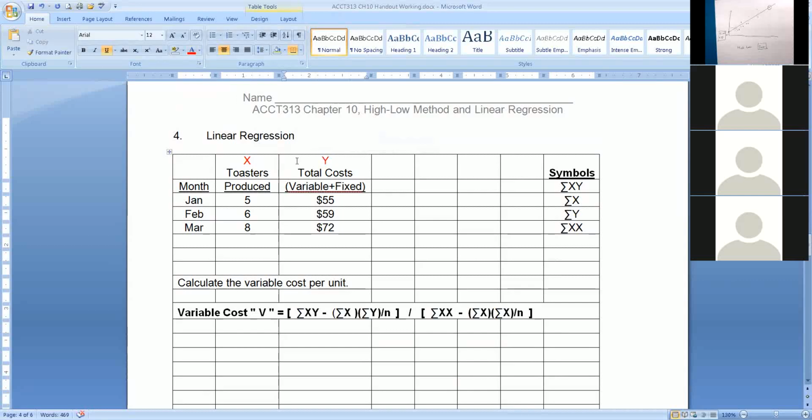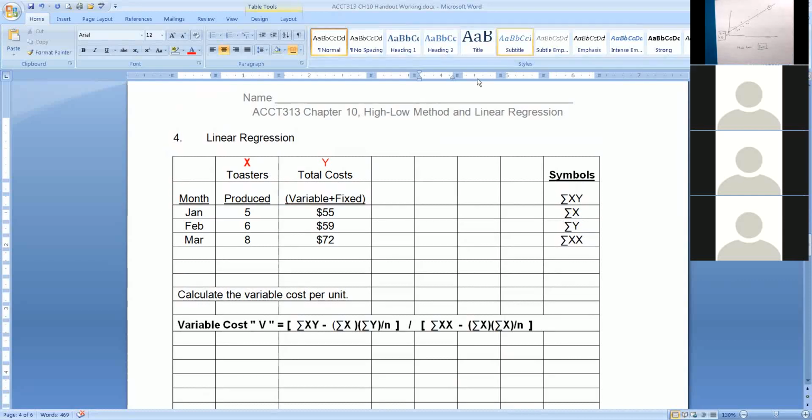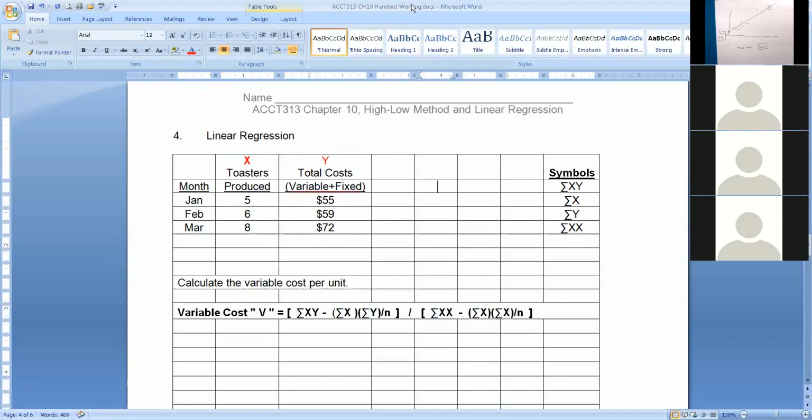The total costs are always the y's because this is what we're trying to explain. We're trying to explain the total cost. If you've had statistics before, one of the problems is figuring out what you're actually trying to explain. For us, it's kind of nice in that it's always the same. It's going to be just the total cost.